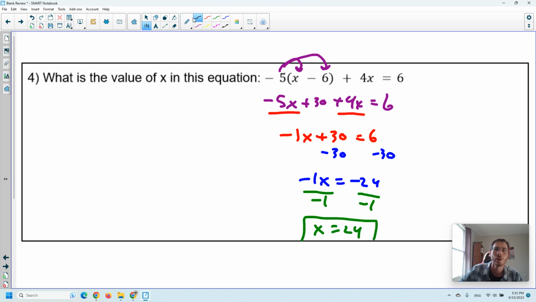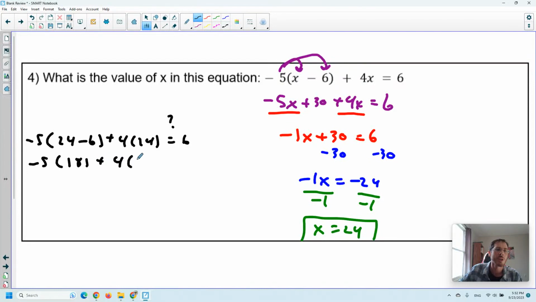So there we go. If I want, I can double check it, just to make sure. Negative 5 times (24 minus 6) plus 4 times 24. We're going to check to see if that actually is equal to 6. So we have to do parentheses first. Negative 5 times 18 plus 4 times 24 equals 6.